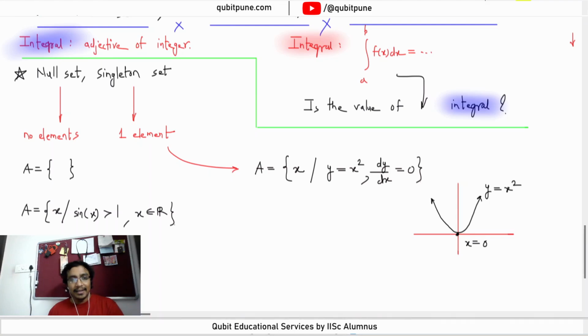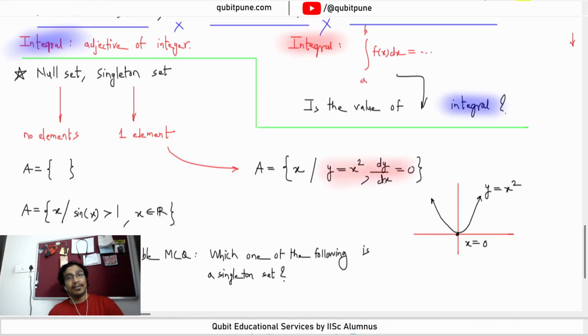So when I keep on saying that they mix concepts from multiple topics, this could be an example of that. They might ask a possible MCQ like this: which one of the following is a singleton set? Now, most of you will know what a singleton set is. But if they give you conditions like these, then you need to know calculus, or you might also be required to know coordinate geometry.